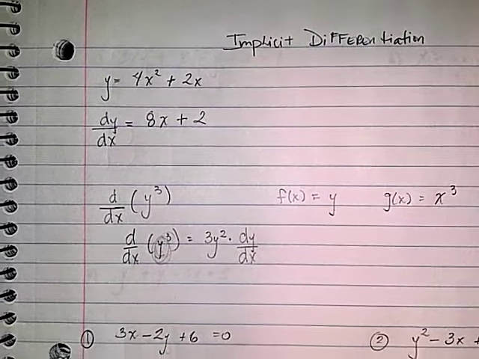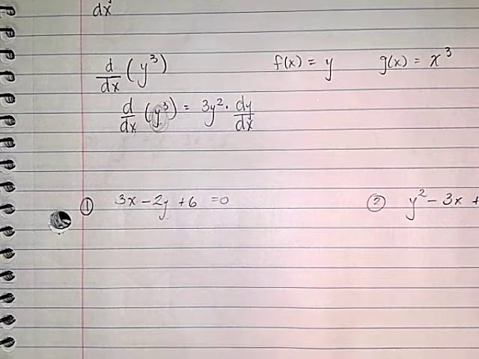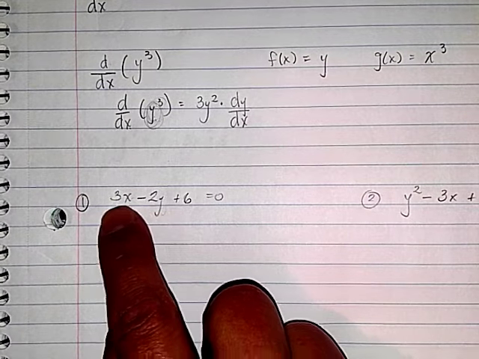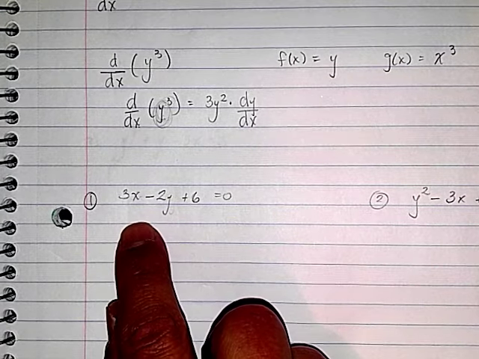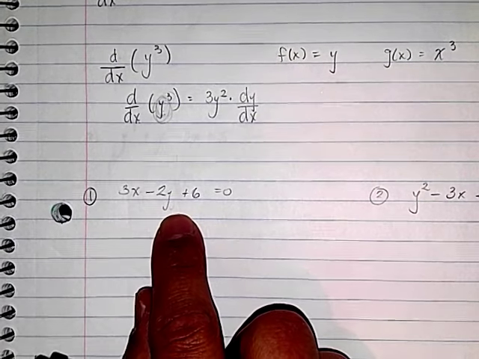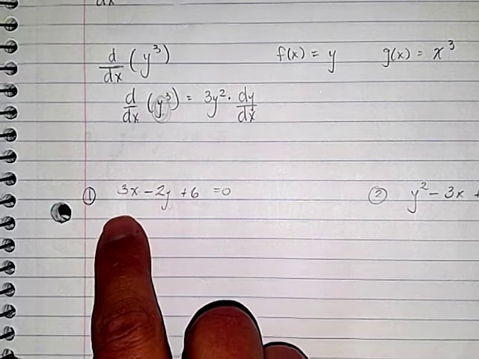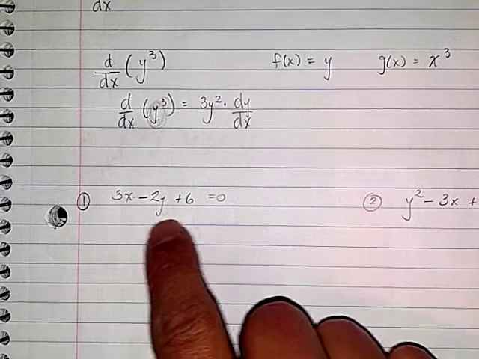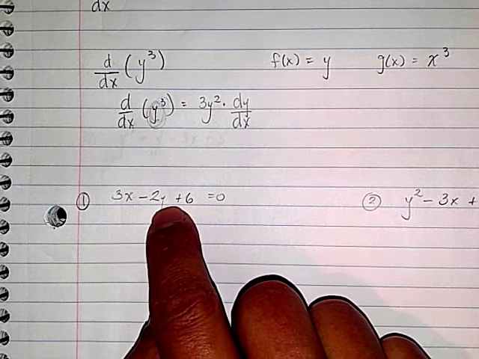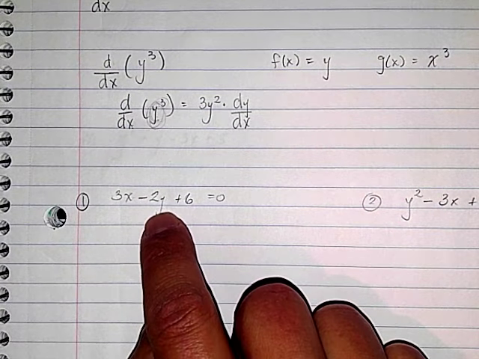All right, so let's take a look at some examples here. You notice these are written in x and y format. They're written implicitly because it's not y equals something in terms of x. So the way we do it, we take the derivative just like we normally do, but every time we have the y, we put dy dx.